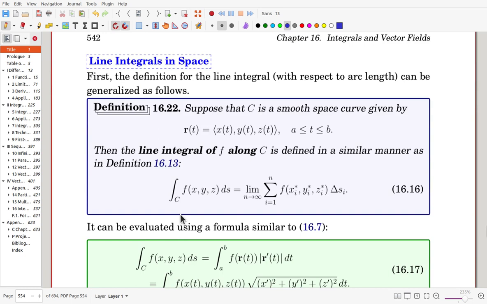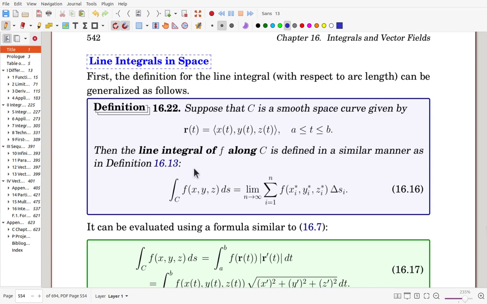Now, line integrals can be easily applied to curves in space, three-dimensional space. Suppose that C is a smooth space curve given by that representation.